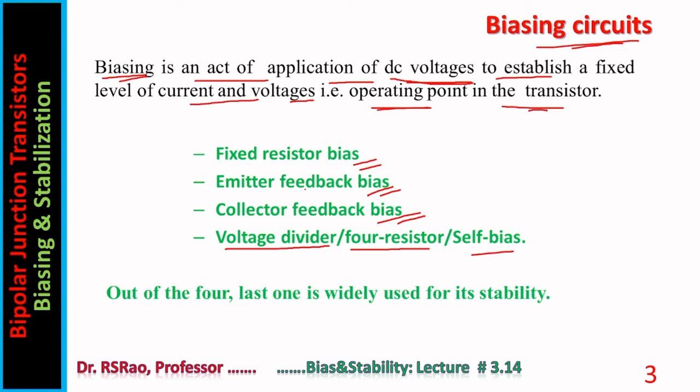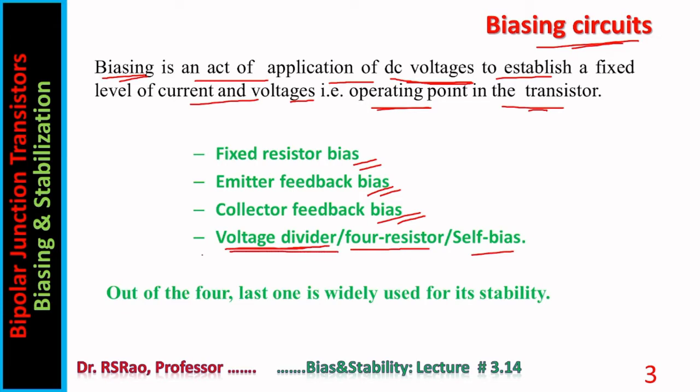So a little bit of complexity increment is there as we move from fixed resistor bias to voltage divider bias. General statement. Another observation is the performance of the bias circuit also increases as we move from fixed resistor bias to voltage divider bias.